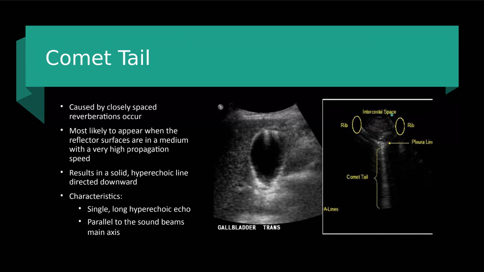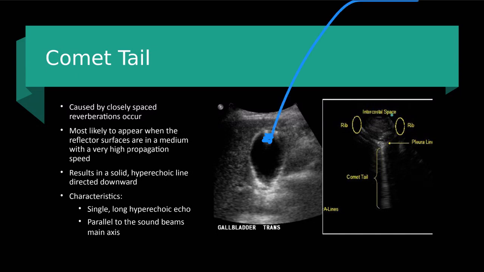So whatever is causing that Comet Tail artifact, you're going to see it directly posterior to it. The characteristics: we're going to see single long hyperechoic echoes parallel again to the sound beam's main axis. If you look very closely, we see a line, a line, a line, right, all traveling posterior to that original source.